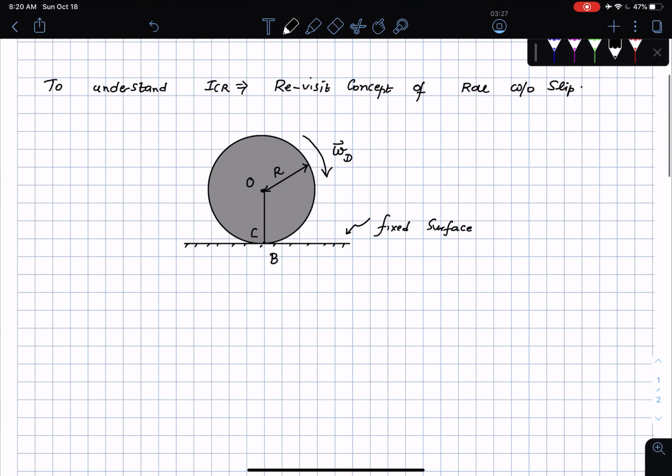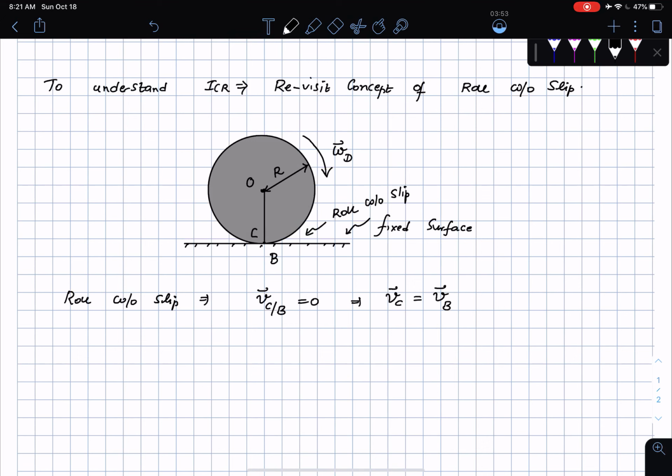Since it is a fixed surface, and I'm also saying that it is rolling without slip, I know that the velocity of point C relative to point B has to be 0. So roll without slip implies that the velocity of C slash B is 0, which implies that velocity of C is equal to velocity of B as seen by an absolute or inertial observer.